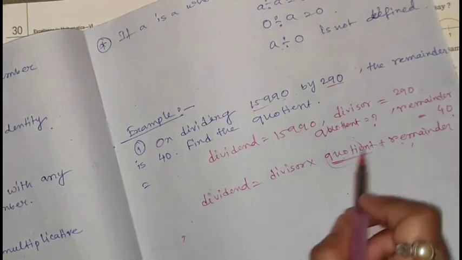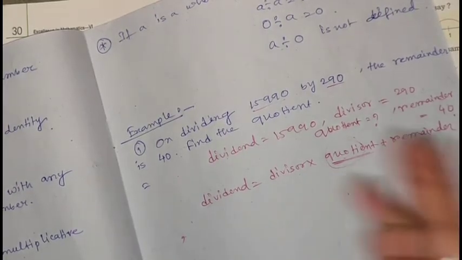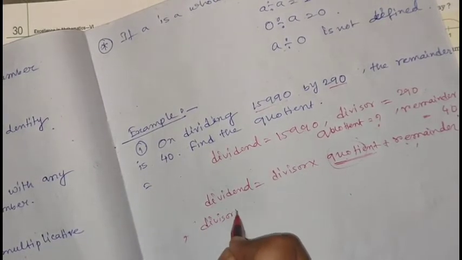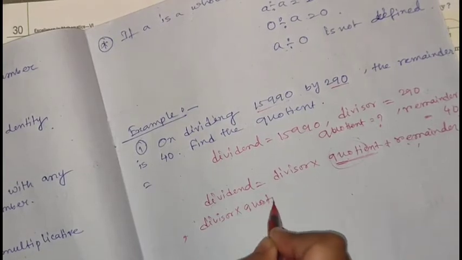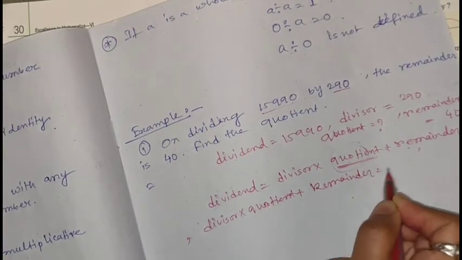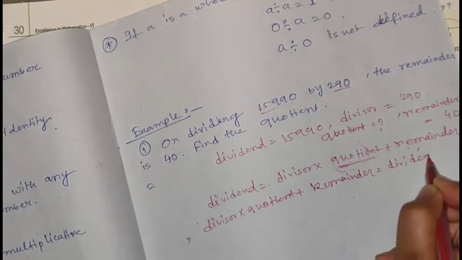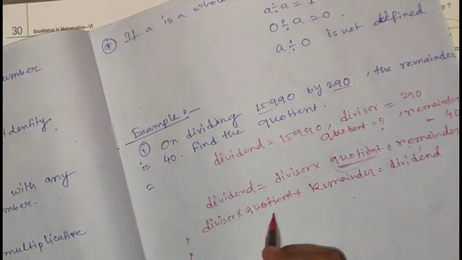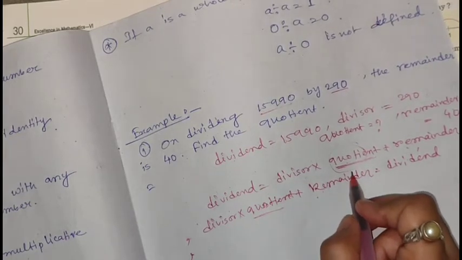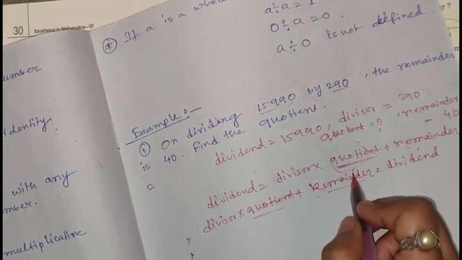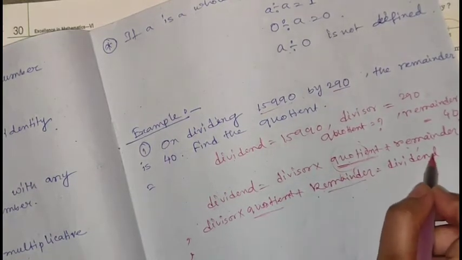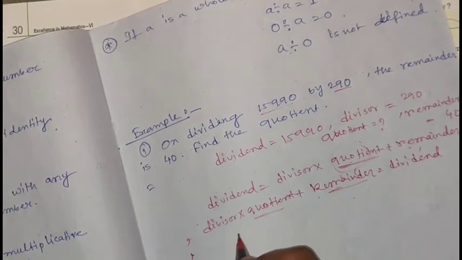So we will write it in reverse order: divisor into quotient plus remainder equals dividend. We need to find the quotient, so the remainder will shift from the left hand side to the right hand side.